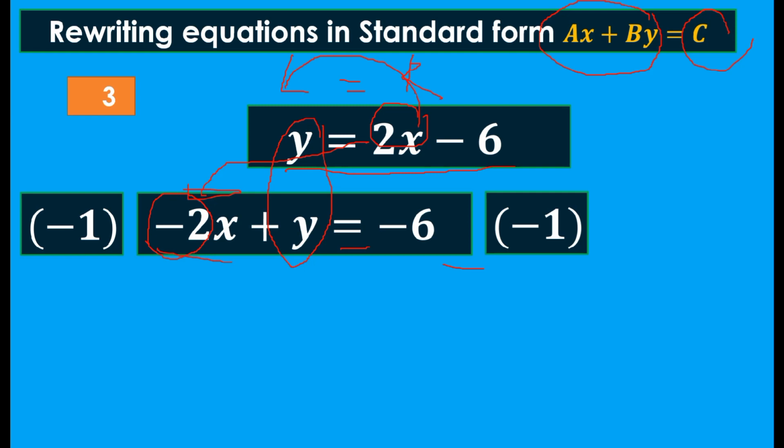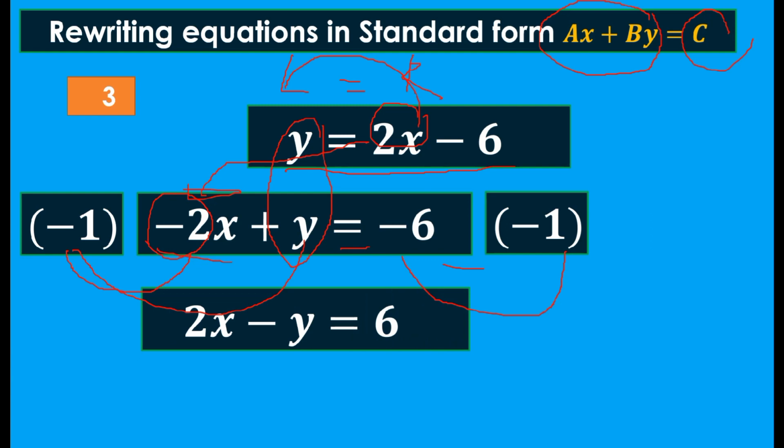So negative 1 times negative 2x, then negative 1 times y, and then we have negative 1 times negative 6. So what would happen? Negative 1 times negative 2, it would become positive 2x. And negative 1 times positive y, it would become negative y. And negative 6 times negative 1, it would become positive 6. Now let us check.